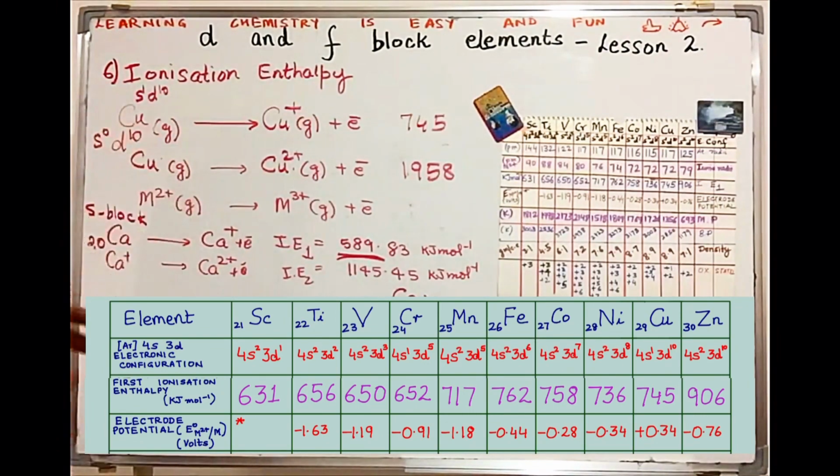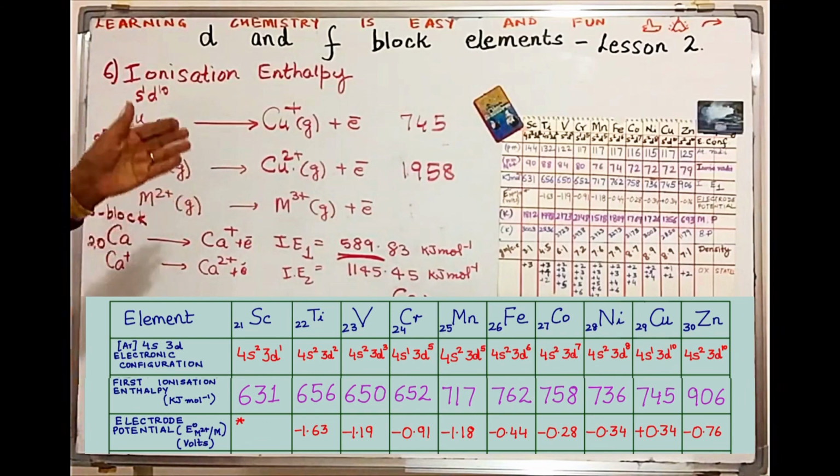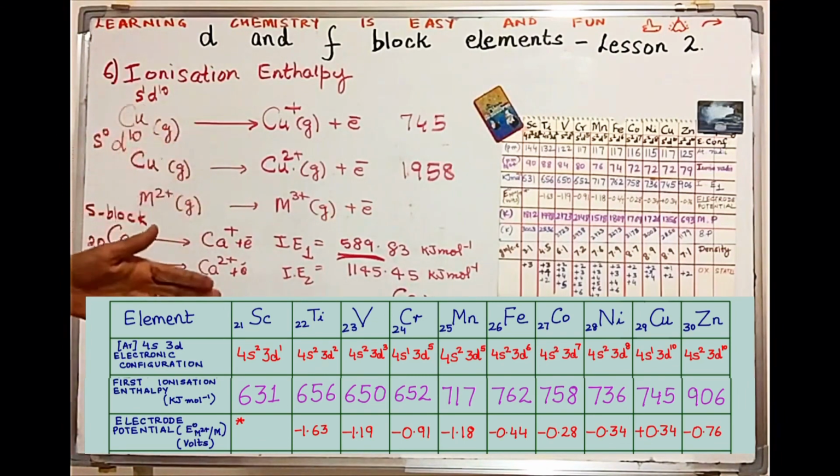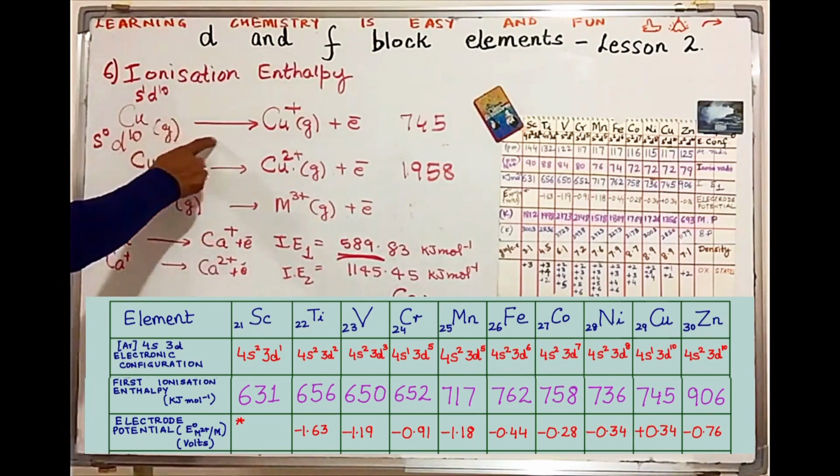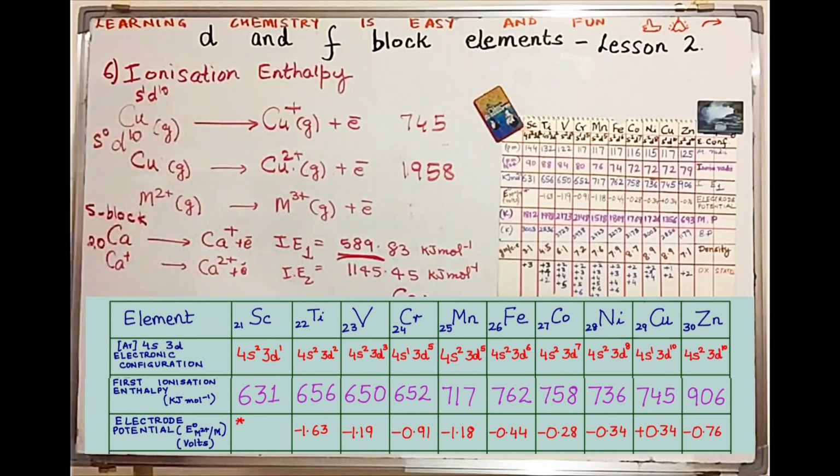So with the help of electronic configuration, you can explain why the second and the third ionization enthalpies for the elements in the transition series or the d block are usually exceptionally higher compared to the first ionization energy, right?